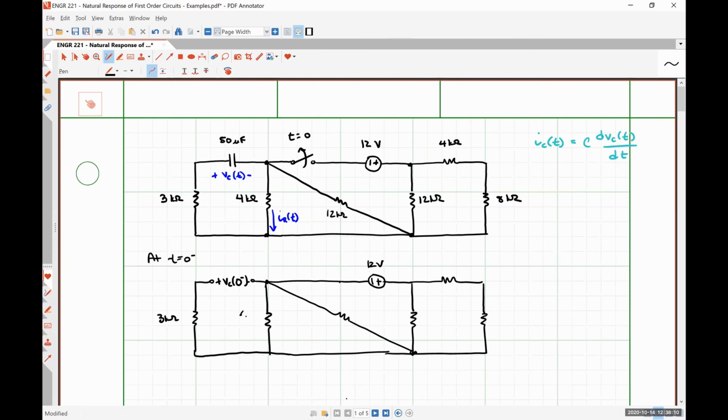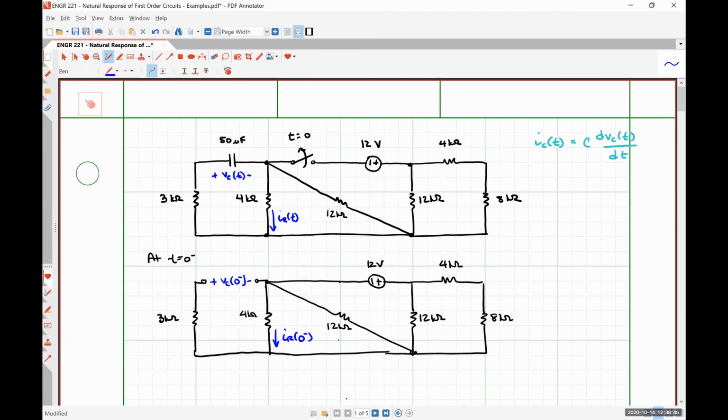Let's see, 4 kilo ohms, 12 kilo ohms, 4 kilo ohms, 8 kilo ohms, 12 kilo ohms, and our quantities of interest, which I've been putting in blue, so I'll continue to do that, are now VC at t equals 0 minus, as well as this current IR at t equals 0 minus.